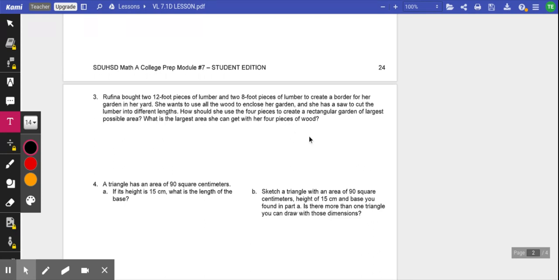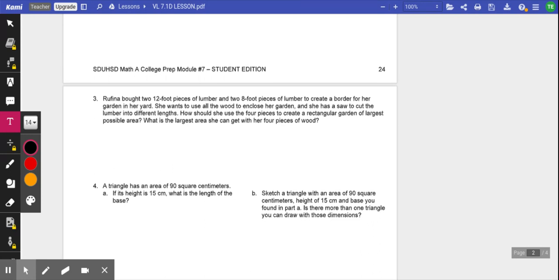So we have to think, what kind of shape has the largest area? If I have a long, skinny rectangle like this, is that going to give me a large area? Or is that going to give me just a large perimeter? If I have something more like a square, would that give me a large area, or a smaller area?